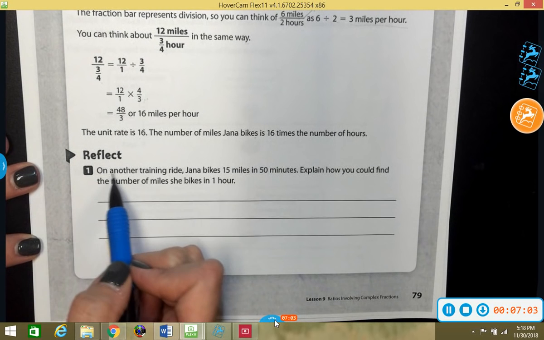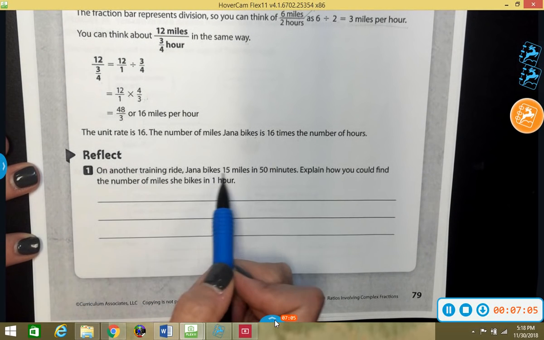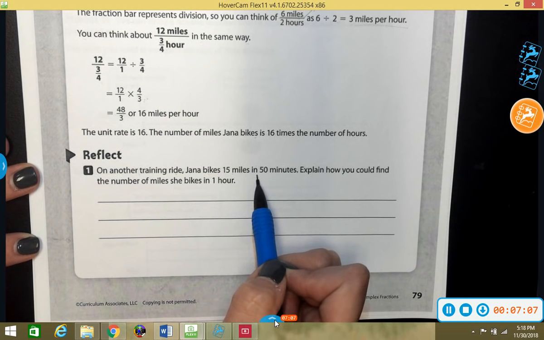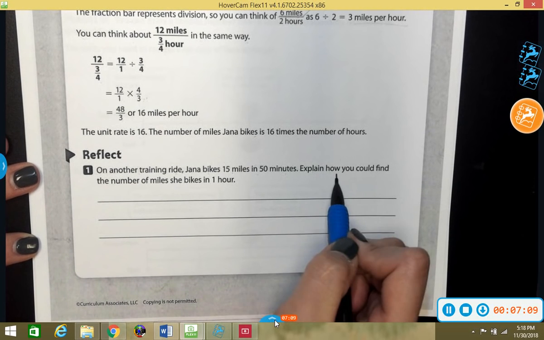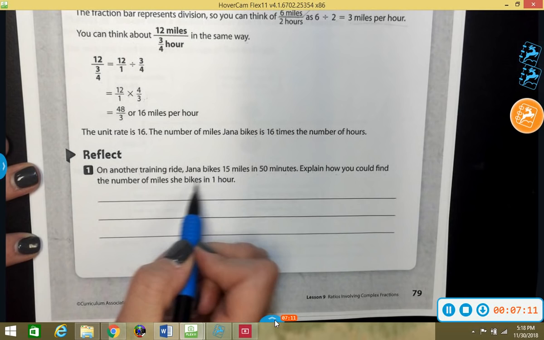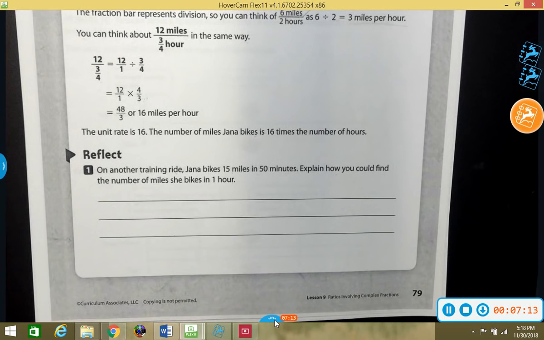Okay, let's look at this reflect now. On another training ride, Jana bikes 15 miles in 50 minutes. Explain how you could find the number of miles she bikes in 1 hour. Well, we have to first find out how many minutes 50 minutes is of an hour.